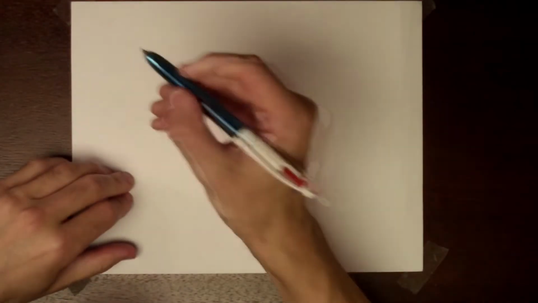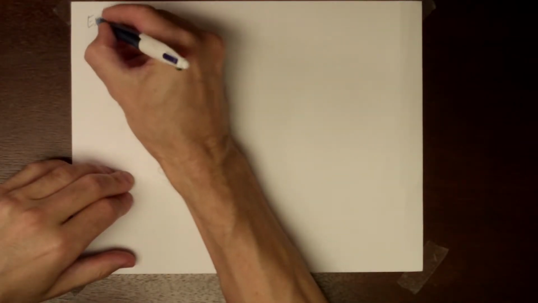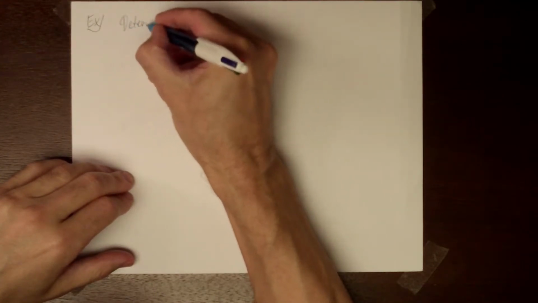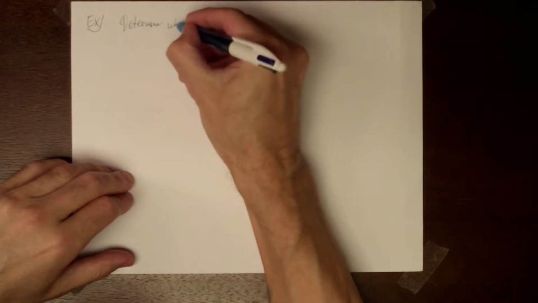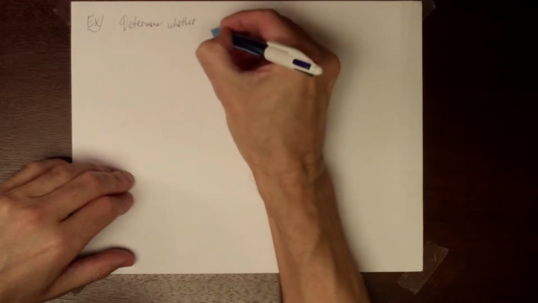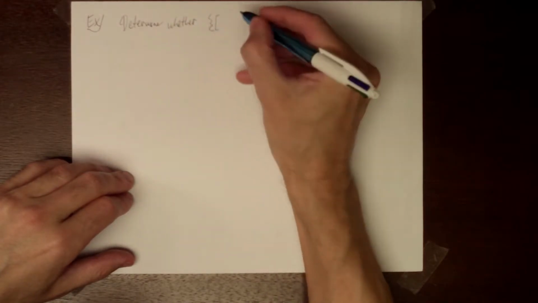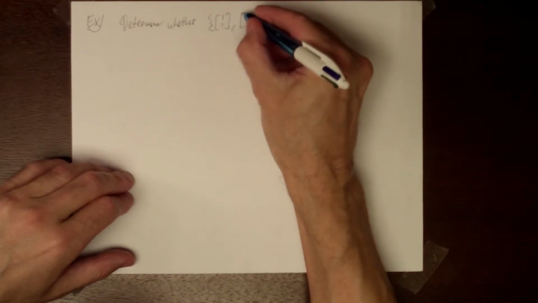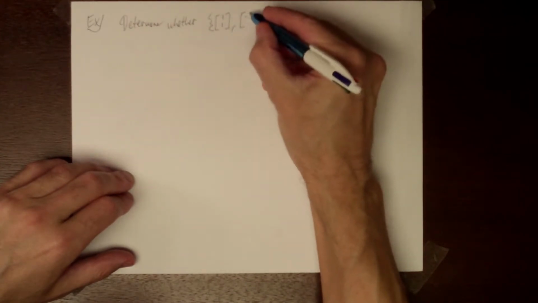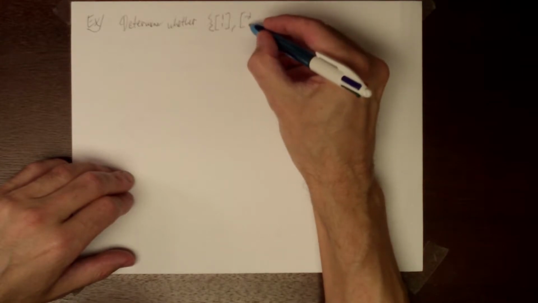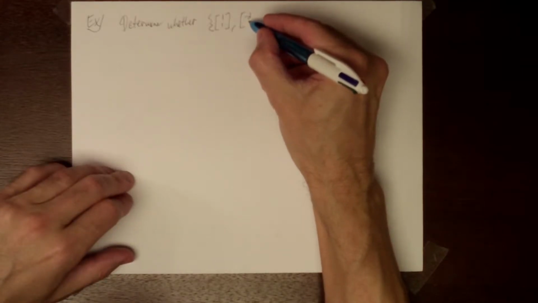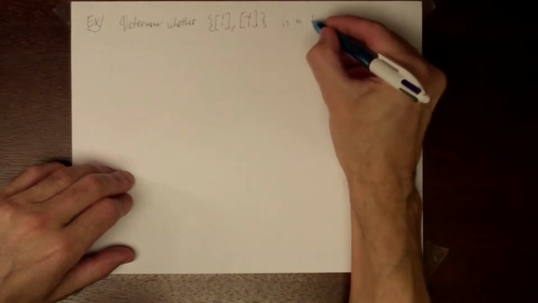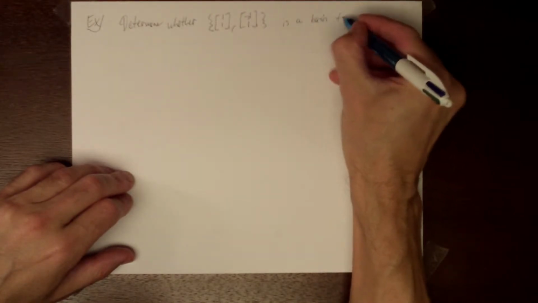All right, so determine whether the set containing the vectors 1, 1 and negative 2, 1 is a basis for R2.